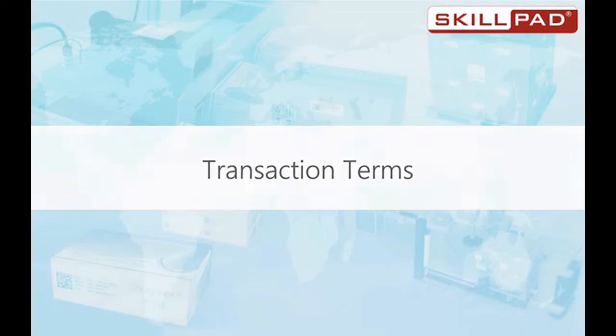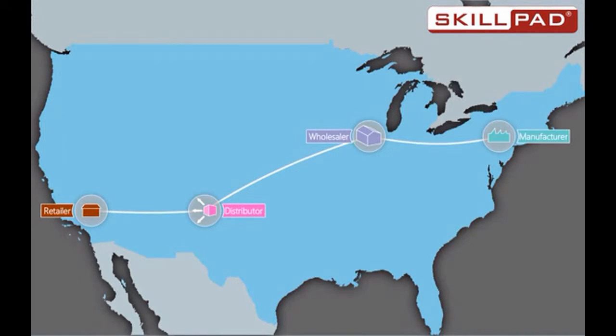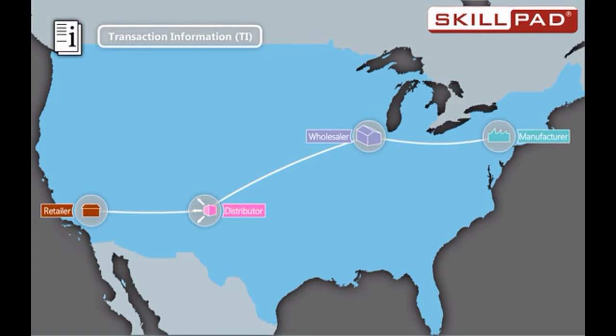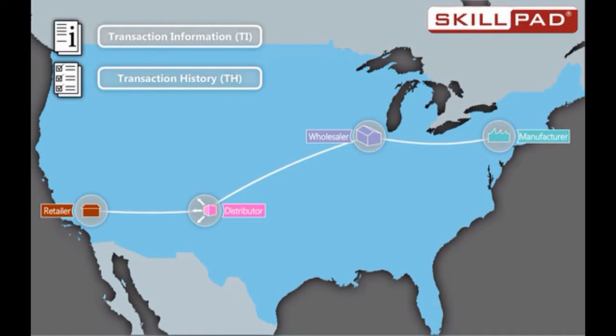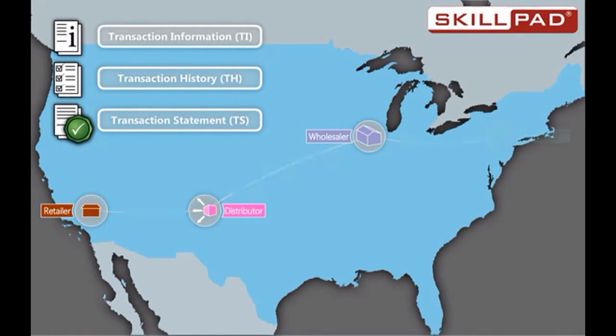Transaction terms. Now that we have an understanding of the DSCSA and the rules governing transactions, we'll look at the critical terms used in the supply chain to describe transactions. These terms are transaction information, transaction history, and transaction statement.